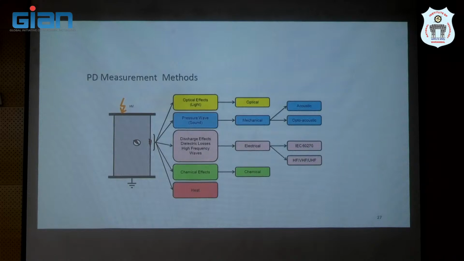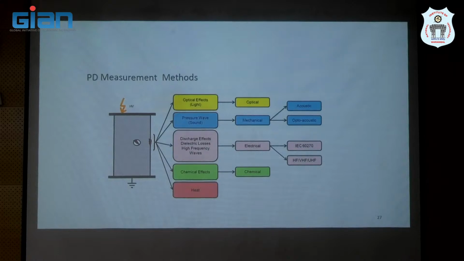These radiations can be picked up by placing appropriate antenna-like sensors, which will pick up the electromagnetic radiations. In that way, these discharges can be detected with the different types of manifestation they have.